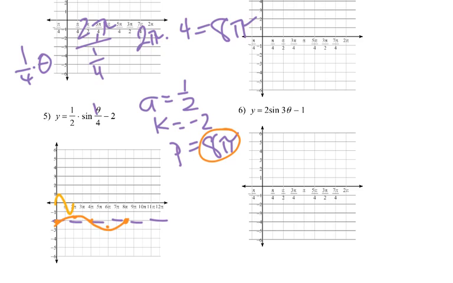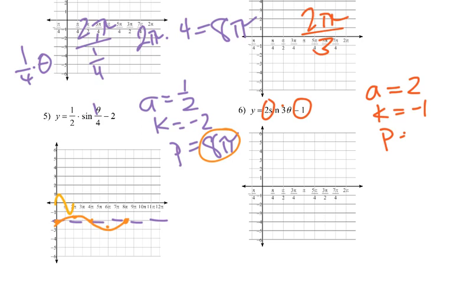Alright. Number 6, amplitude of 2, midline of -1, period of 2 pi divided by 3, which we did that one, can't really simplify it, so 2 pi divided by 3, which is basically 120 degrees. So midline, we bump it down 1.